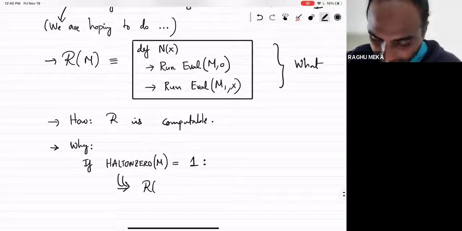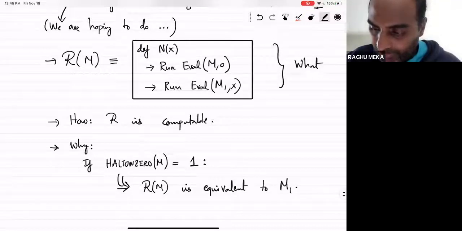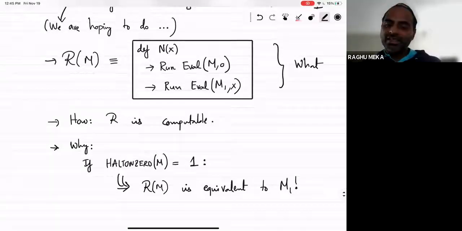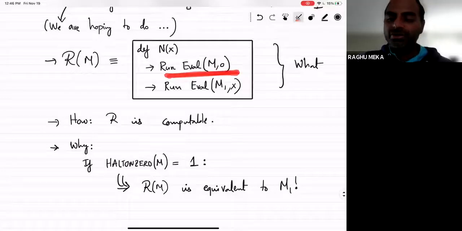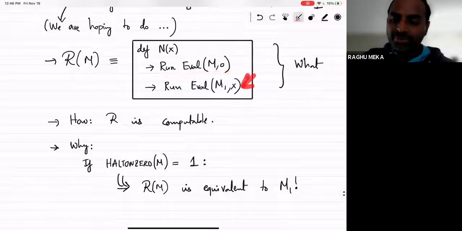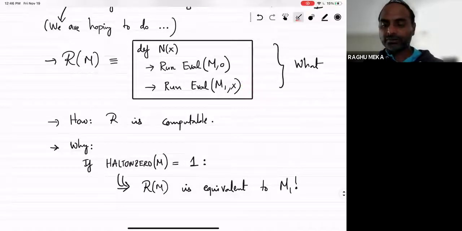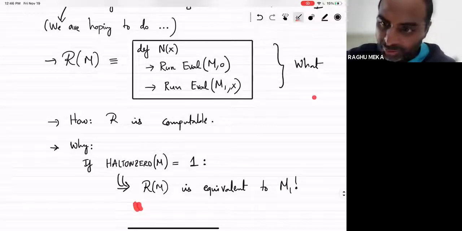This implies R of M is equivalent to M1. Okay. Any questions about this? So basically, we just have one line here, right? Whenever you halt on 0, you go to the next step. So I'm just running M1.